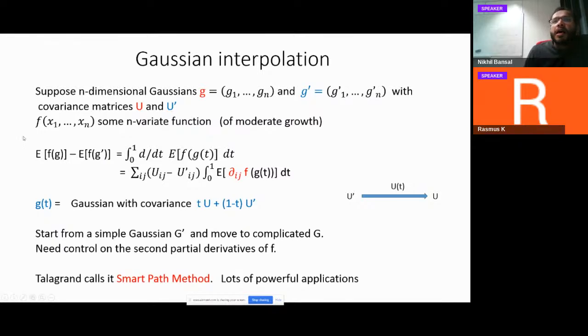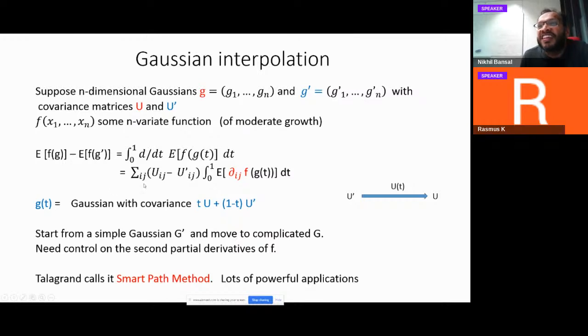And suppose f is some n-variate function of moderate growth, which means it's not growing like e to the x squared. As long as it's not growing faster than that, we have the following precise formula.